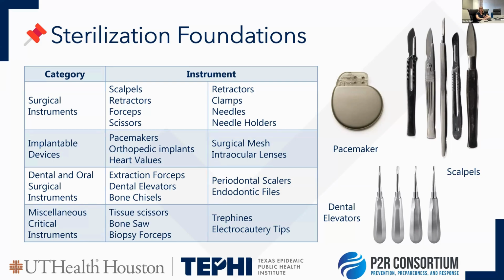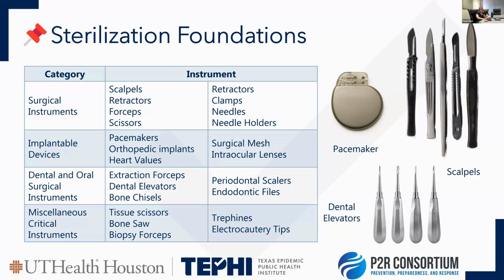The main common ones are always your scalpels, your retractors, forceps. Then any implantable devices will always require sterilization, and you need to make sure that you're in compliance with that specific device's manufacturer instructions for use, or the MIFUs, on how it needs to be sterilized before.